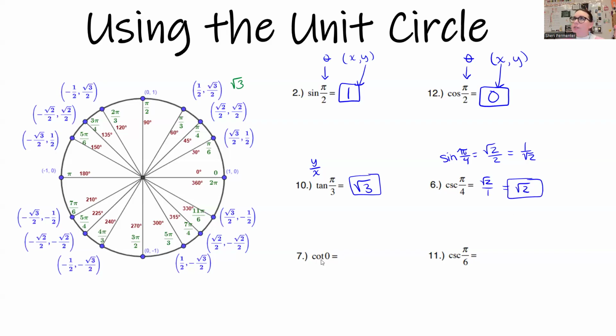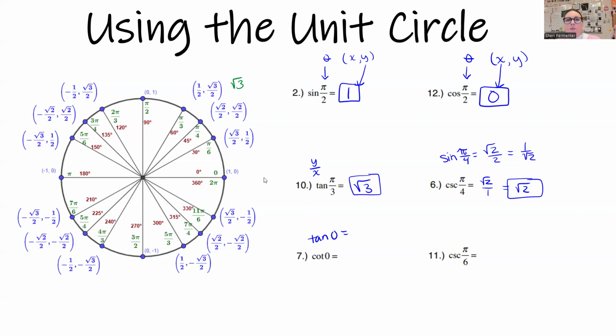Cotangent. Cotangent goes with which function? Tangent. So I'm going to go find tangent of 0. Well, tangent of 0, remember, I'm going to look at that ratio and flip the ratio.